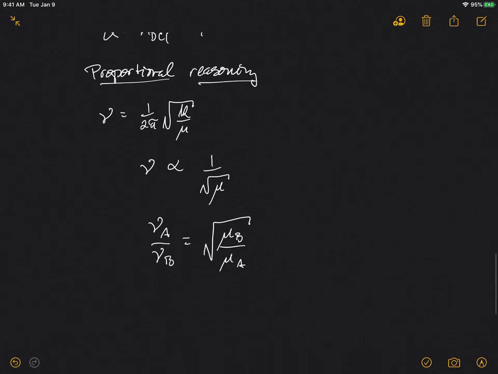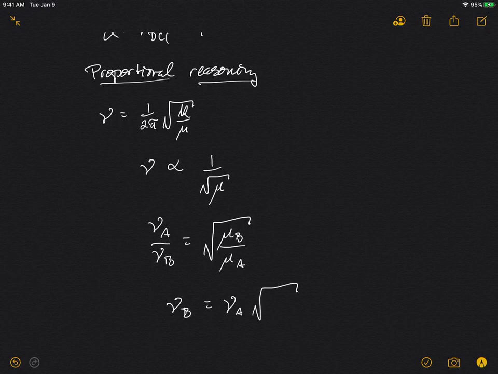So if we know the frequency of one isotope and we want to find the frequency of the other isotope, we want isotope B and we know the frequency of A.